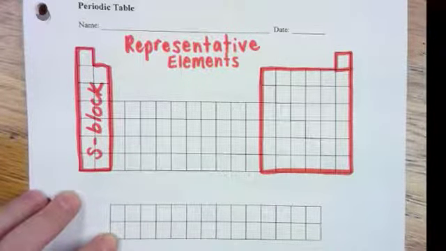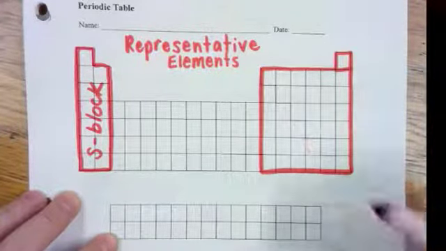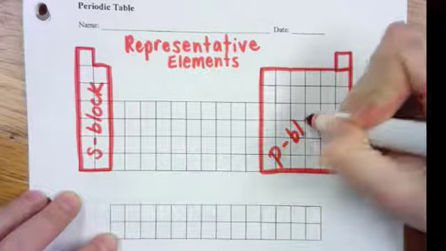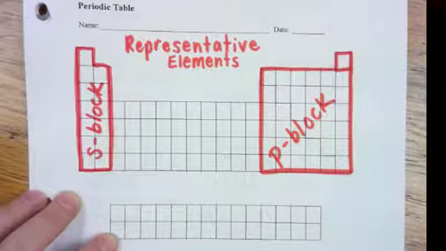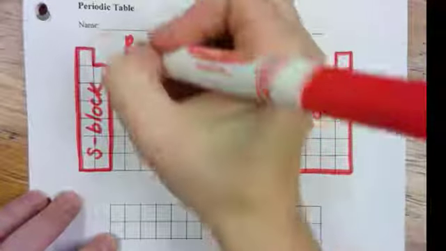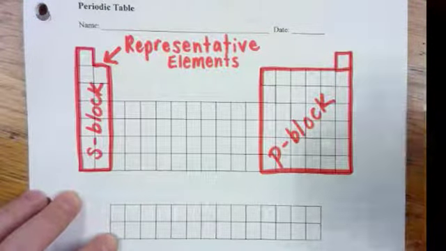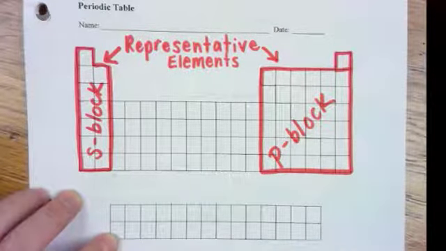Notice how I sectioned off helium because it really belongs in the S block, not the P block. But since we're labeling the representative elements all together, both blocks are included anyway. Let's draw some arrows to show that these sections outlined in red are the representative elements.